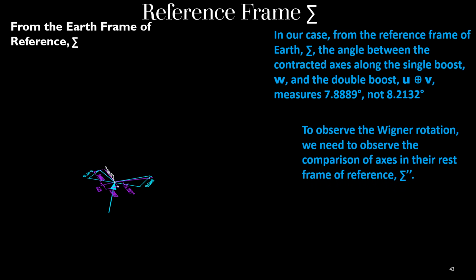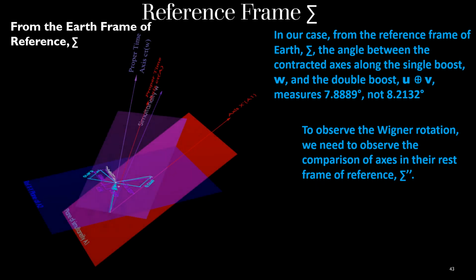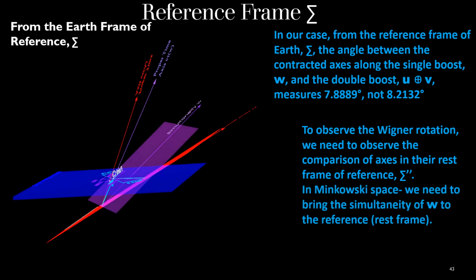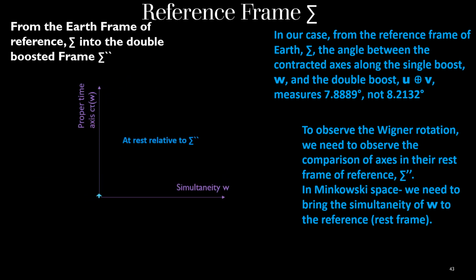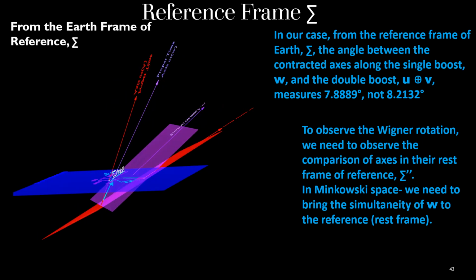To observe the Wigner rotation, we need to observe the comparison of the axes in their rest frame of reference, sigma double prime. In Minkowski spacetime, we need to bring the simultaneity of W to the rest frame.